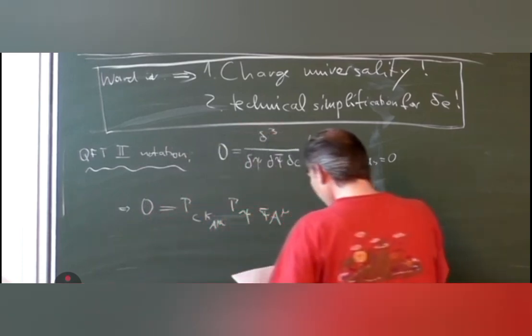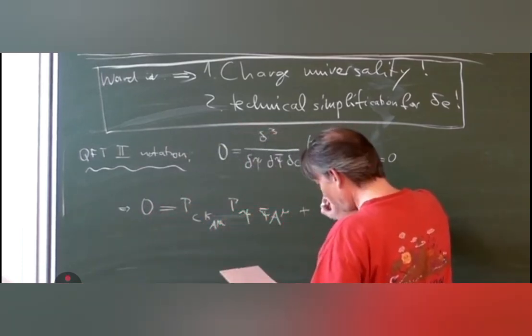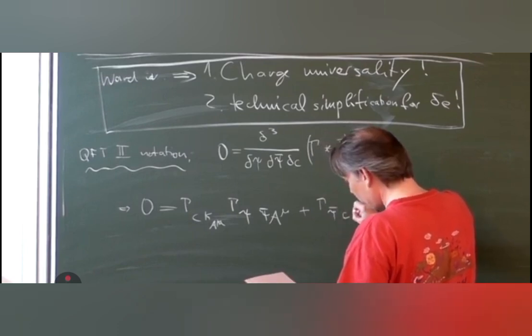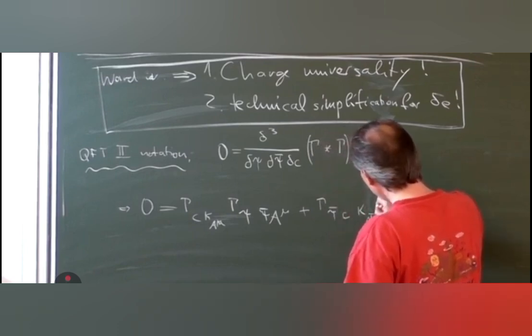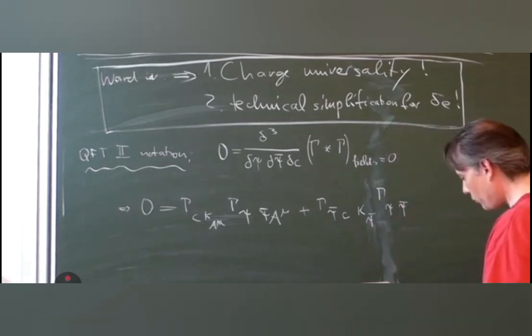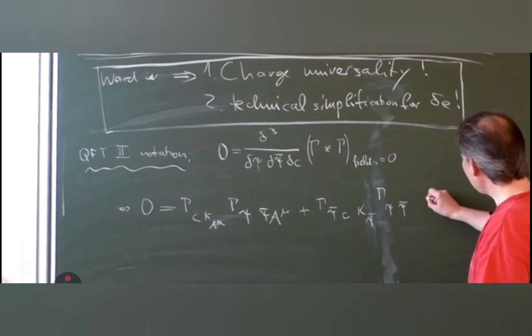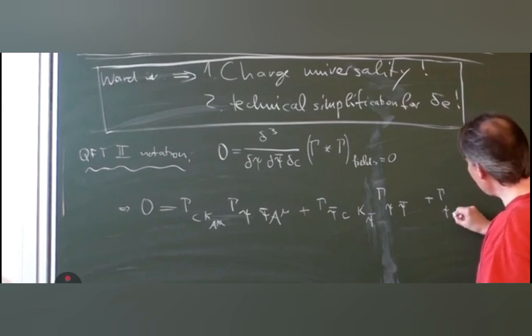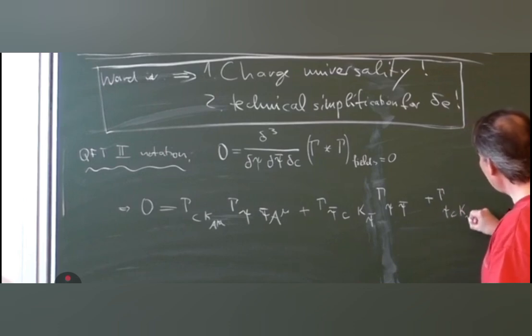And then there is a term plus Gamma psi bar c K psi bar, Gamma psi bar, and a third term where psi and psi bar are exchanged: Gamma psi c K psi, Gamma psi bar.